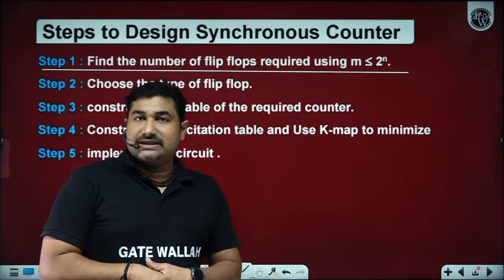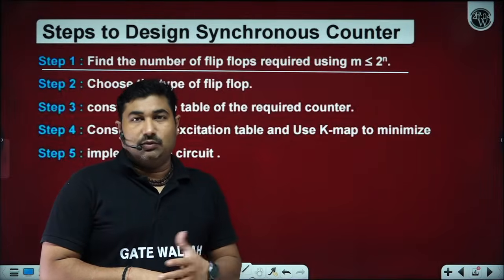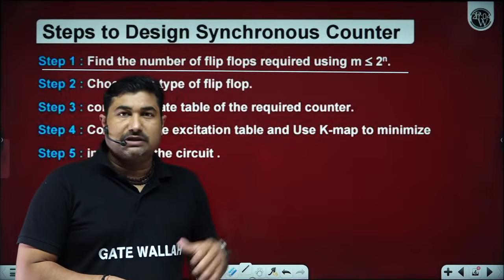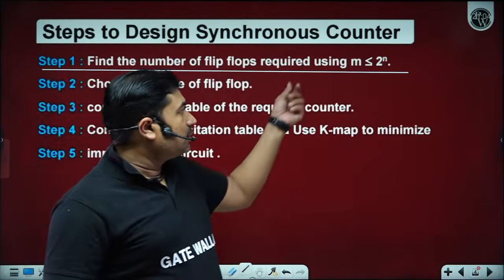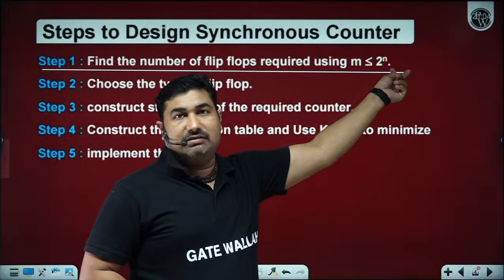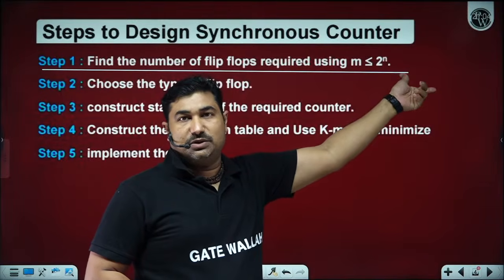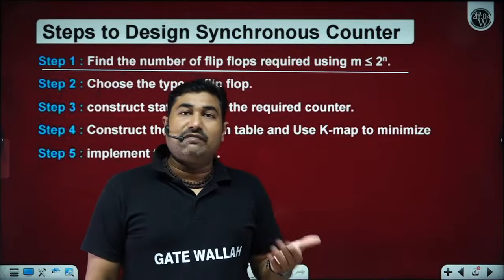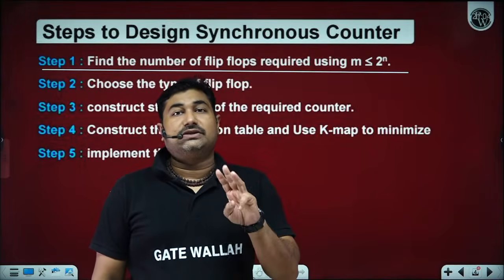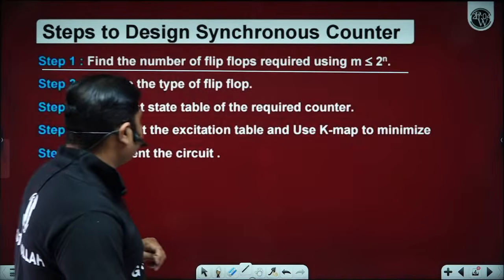Suppose I am interested to design a mod 4 counter, then n will be equal to 2 because m is 4. Mod 4 means 4 different states are required. So m is 4 and n you can calculate, m is less than or equal to 2 to the power n, so n will become 2. If you want to design a mod 5 counter, then we need n equal to 3. Is it okay?